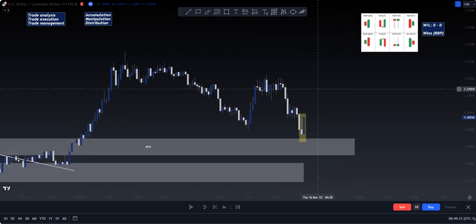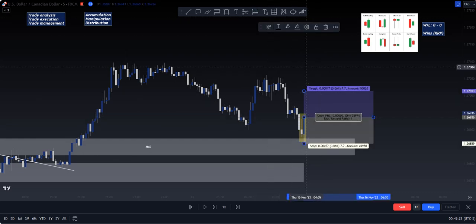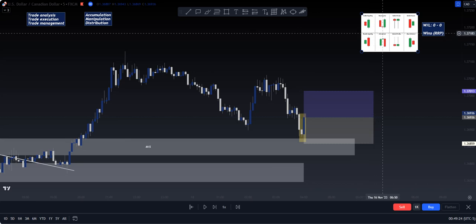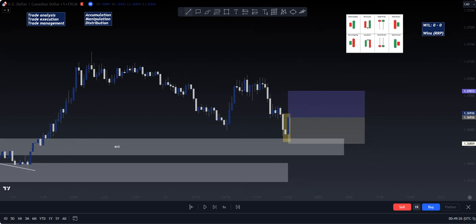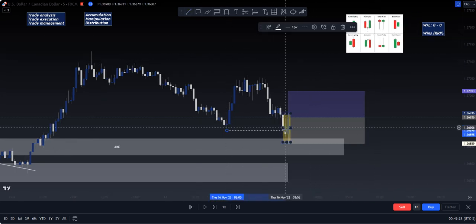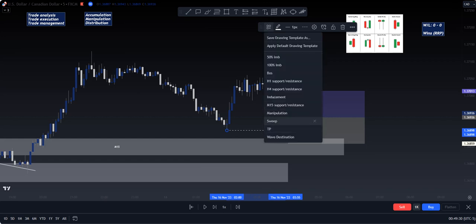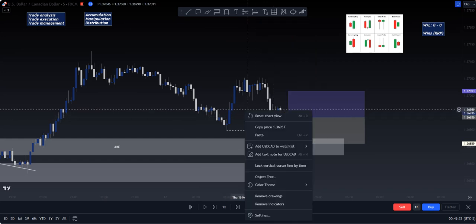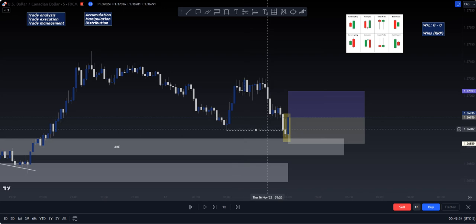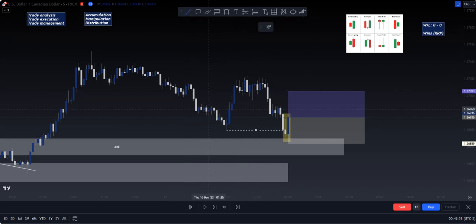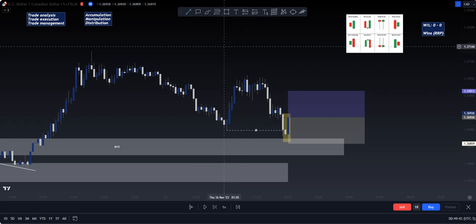Okay, so looking at this right now, what I see is this. The reason why this entry confirmation is valid to me, aside from the fact that it's a bullish engulfing, is that the market cleared these last lows. And the only reason why these lows are considered a form of manipulation is because this high here, this impulse, actually broke structure.